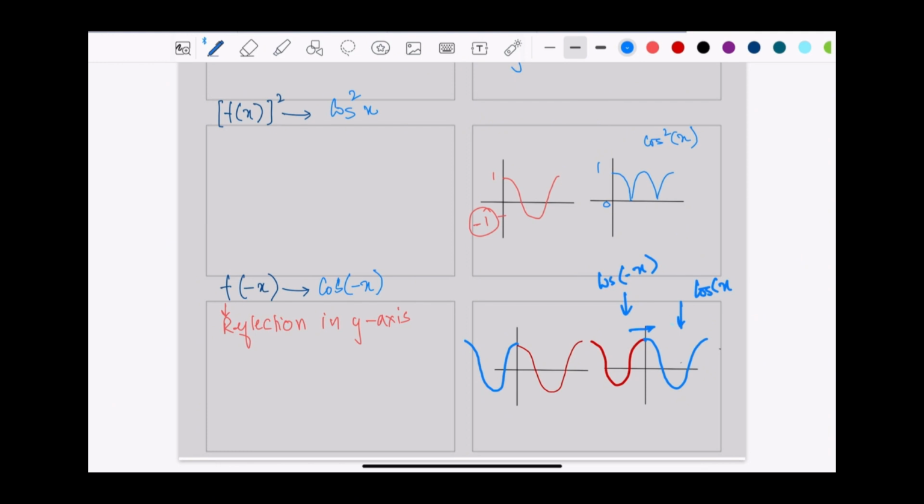So cos of negative x is exactly the same as cos of x, hence concluding our identity that cos of negative x is equal to cos of x.